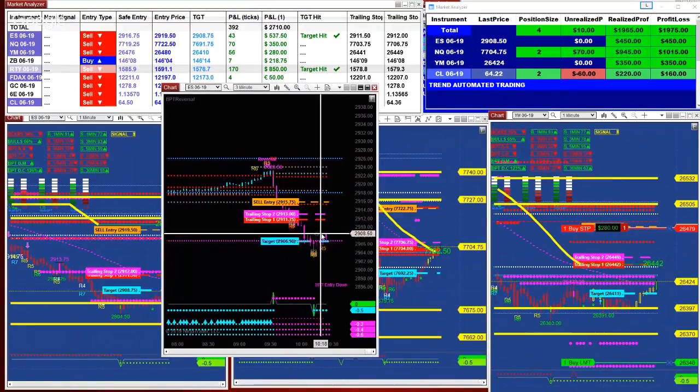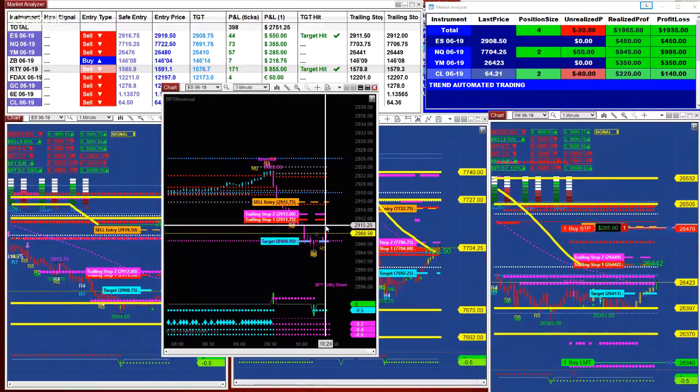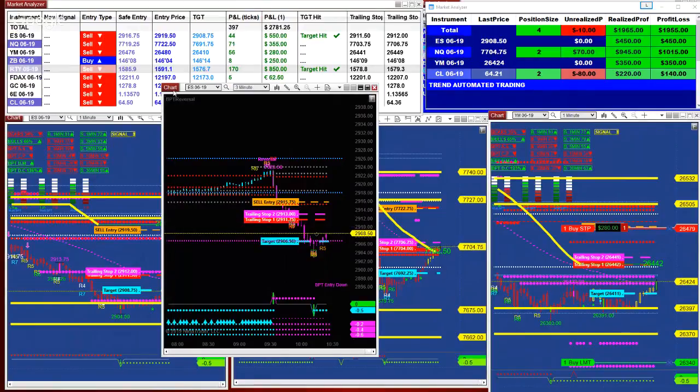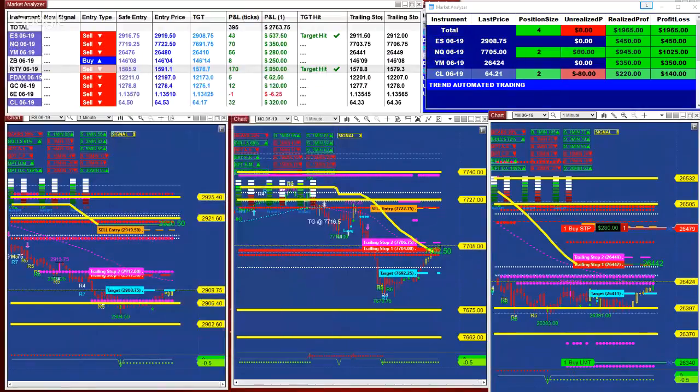So during this transition between the short signal and the long signal, we sit on the side. This is going to help you a lot by not diving into a pile of mud when the market is going to chop.